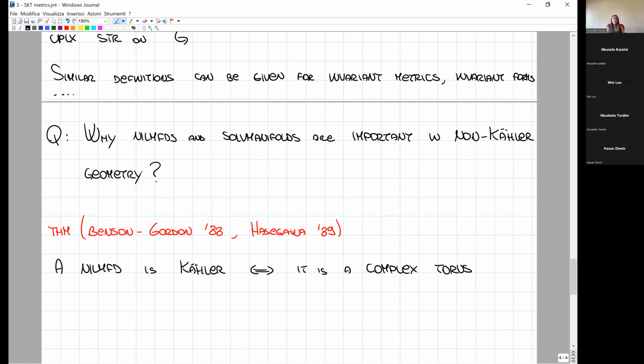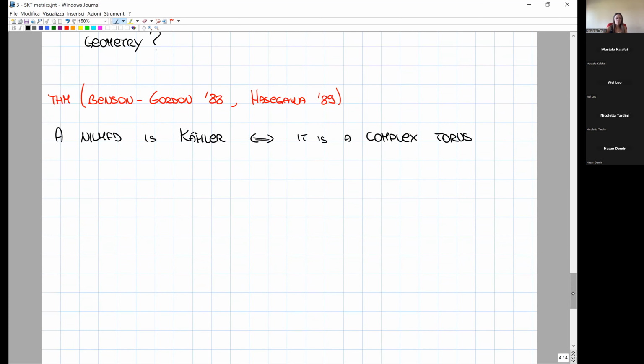So what I'm saying is that if you have a nil manifold that is not a torus, for sure your nil manifold will not admit any Kähler structure, any Kähler metric. Okay, so that's why they are important in non-Kähler geometry, because except for tori, when you work on nil manifolds, you know that you cannot have Kähler metrics, so you cannot have this very strong structure. But you can hope to find other structures like SKT metrics, or balanced metrics, locally conformally Kähler metrics, and so on.